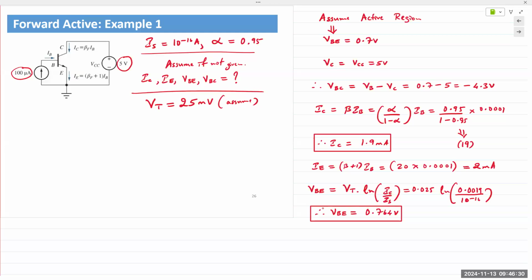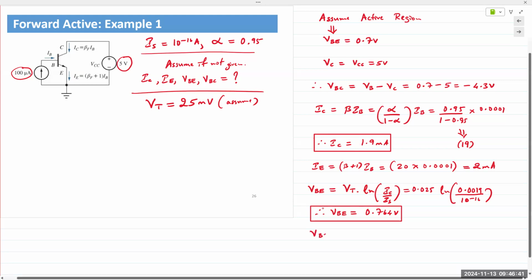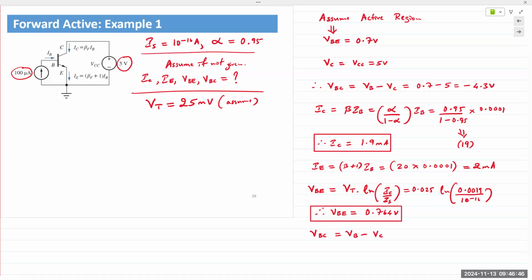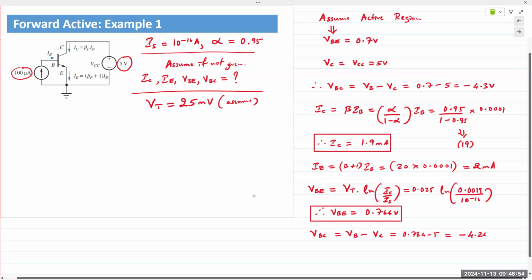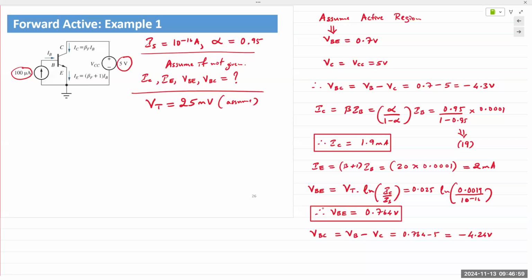Once we have VBE, we can find VBC: VB minus VC, that is 0.764 minus 5, and it's minus 4.24 volts. Just slightly off from our assumptions.